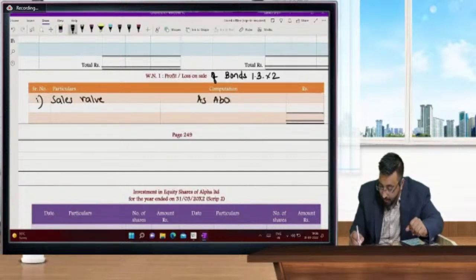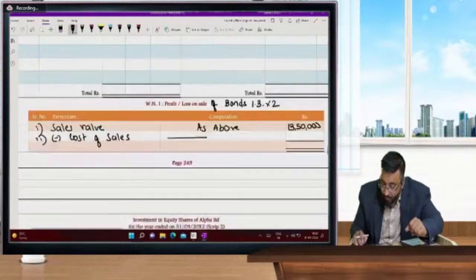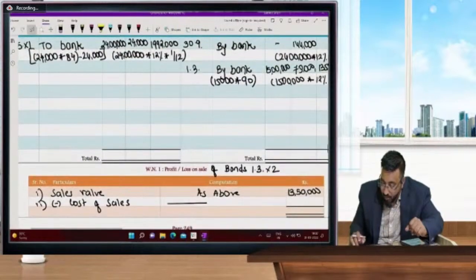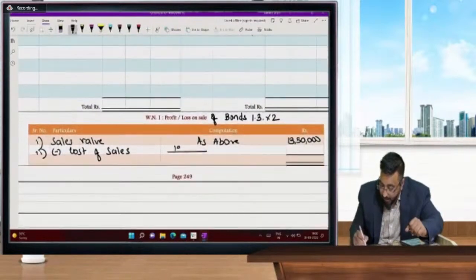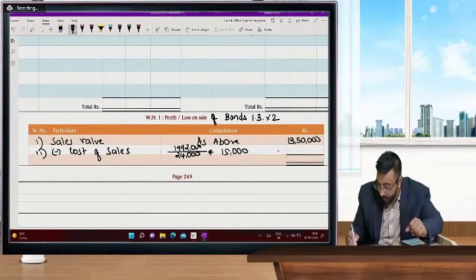How much was it? 13,50,000. Roman 2 cost of sales. How many debentures did you buy? 19,92,000 divided by 24,000 into 15,000 gives 12,45,000.